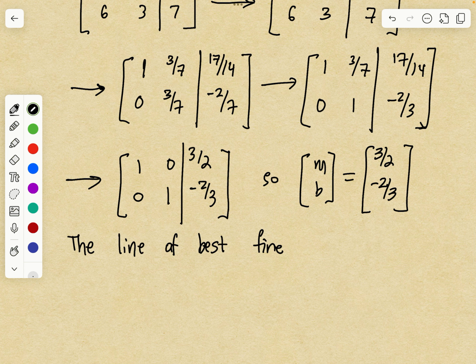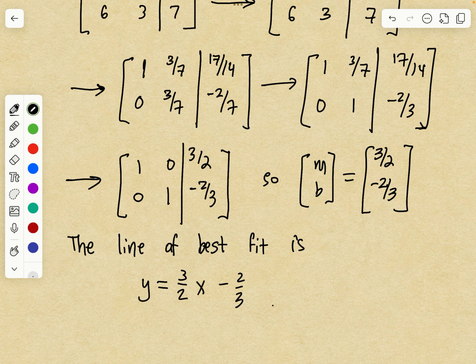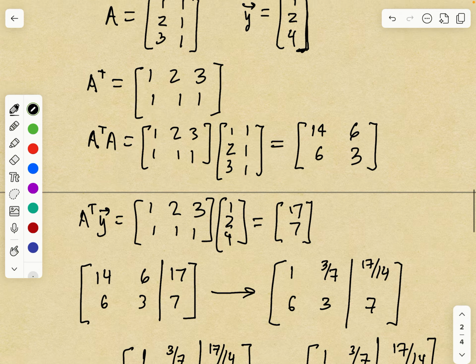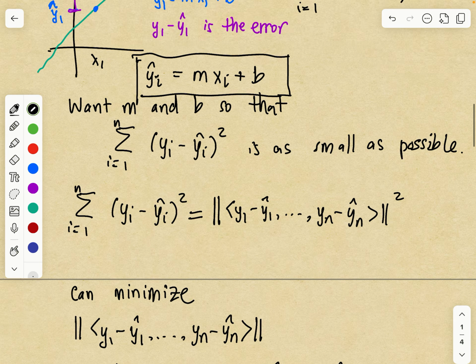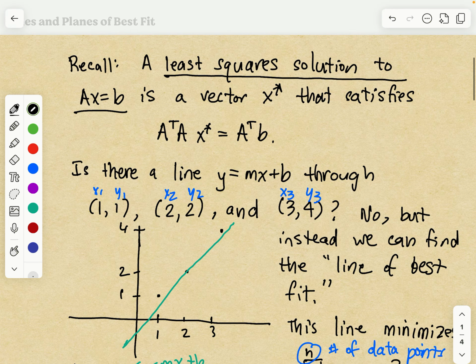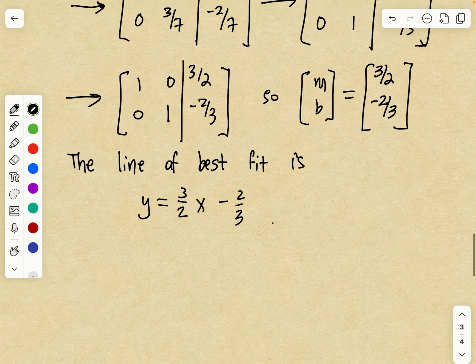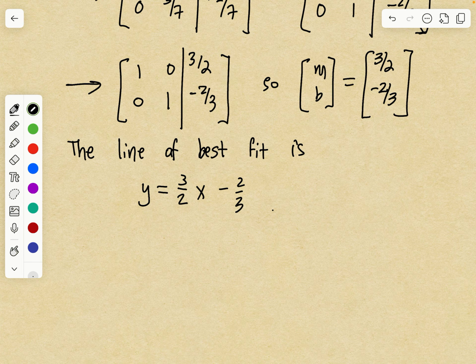The line of best fit for those 3 data points is y equals 3/2 x minus 2/3. And if you plug these data points into a calculator that finds the line of best fit, you will in fact get this line. So that's how to find the line of best fit.